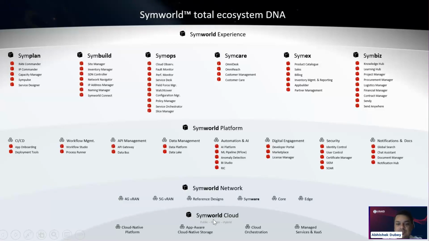This is the cloud which we are offering for the customers, and this is the network, which could be a 4G or 5G network. For planning, these are symbols for tools like the site manager and inventory manager.